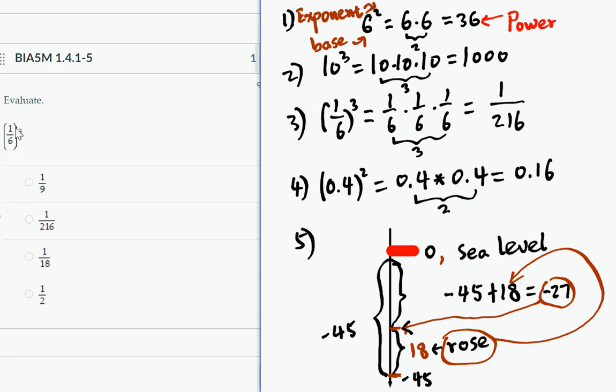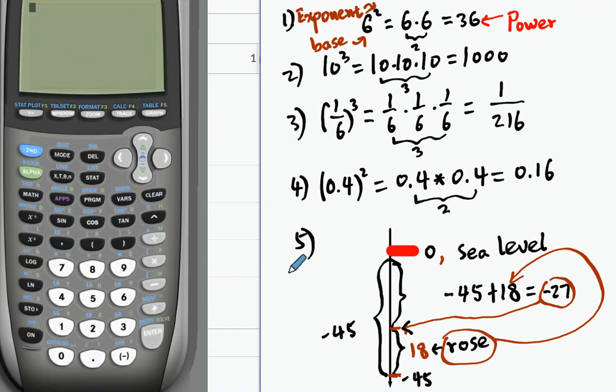Now, that's the second question. The third one is 1 over 6 cubed. Be careful here, there are brackets. It means 1 over 6 times 1 over 6 times 1 over 6, 3 times. 1 times 1 times 1, you have a 1. 6 times 6 times 6, you have a 216.